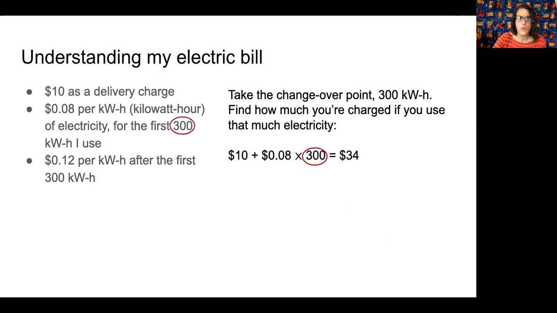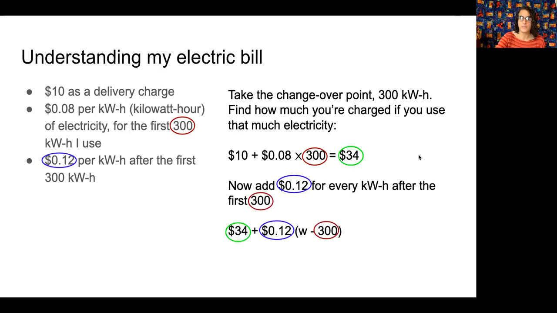So remember where that 34 came from. It came from figuring out how much I used at the changeover point at 300 kilowatt hours, and then using that as the starting point for our expensive kilowatt hours. So I plug 300 into this equation, and I get $34.